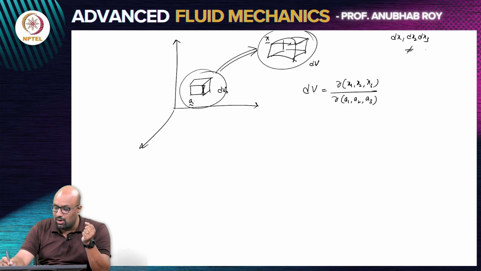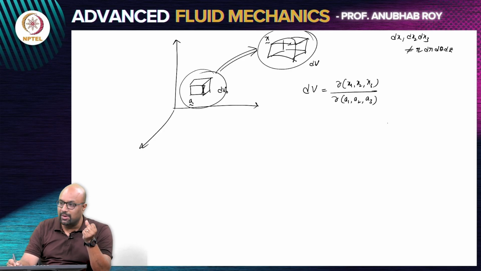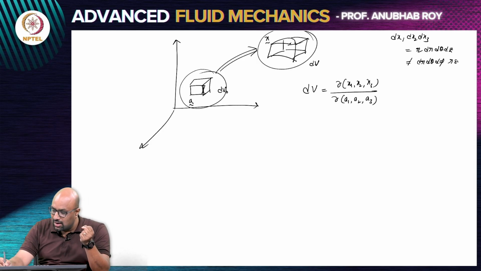This is not equal to dr, d theta, dz. There is an r that will appear here, then it becomes an equality. Similarly, in spherical polar coordinates, dr, d theta, d phi is not equal to dx1, dx2, dx3. There is an additional r sin theta that comes in.